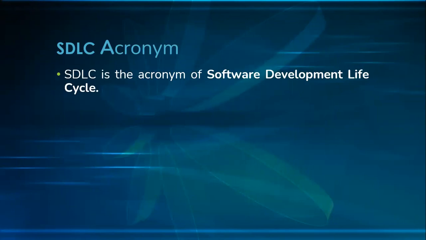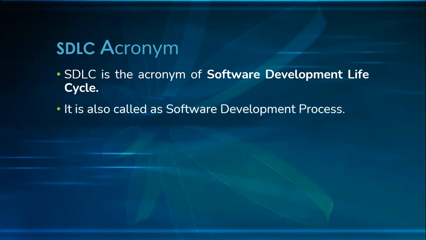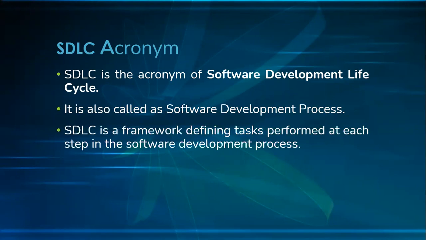So just facts about SDLC. The acronym is Software Development Life Cycle. It is also called the software development process. It's a framework defining tasks performed at each step in the software development process.